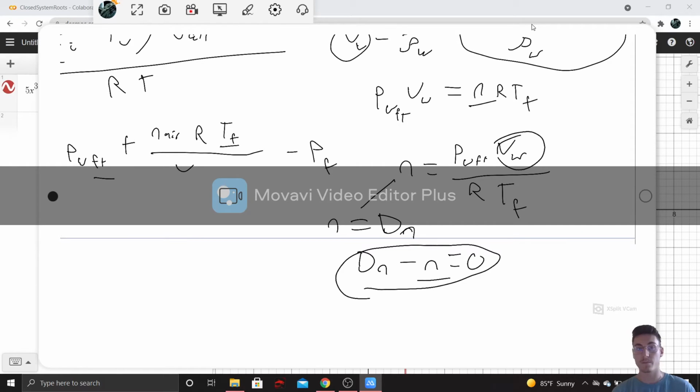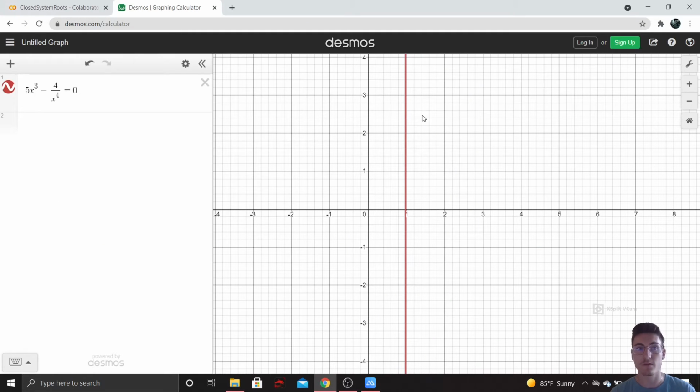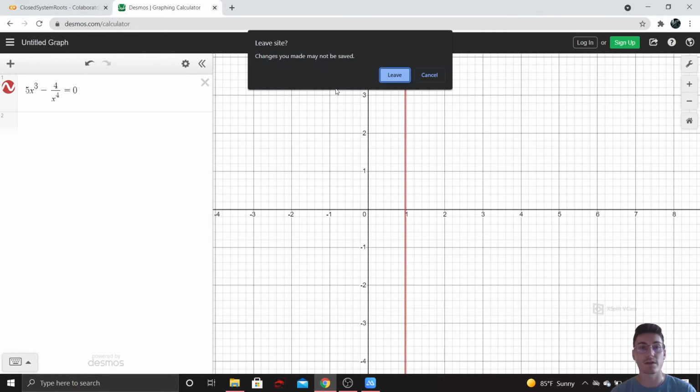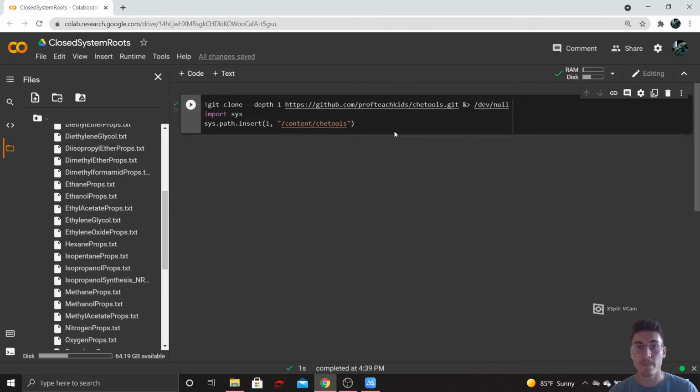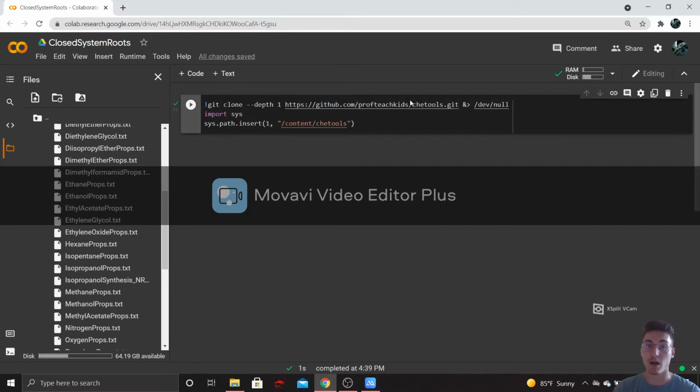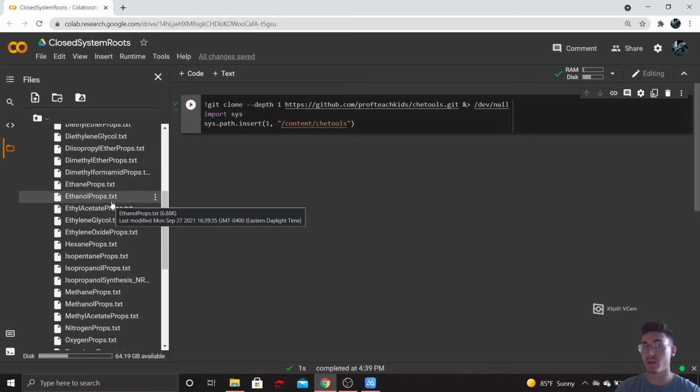So now if we get rid of this, go back to Desmos, I'll leave the site. I already cloned over the repository for all of the tools that we're going to need, just to save time. Essentially we're taking all of the chemical properties of water.